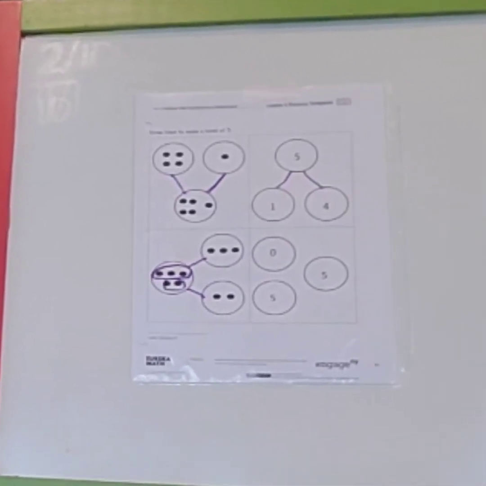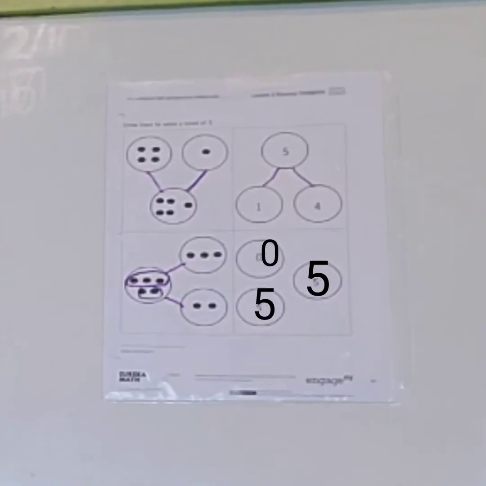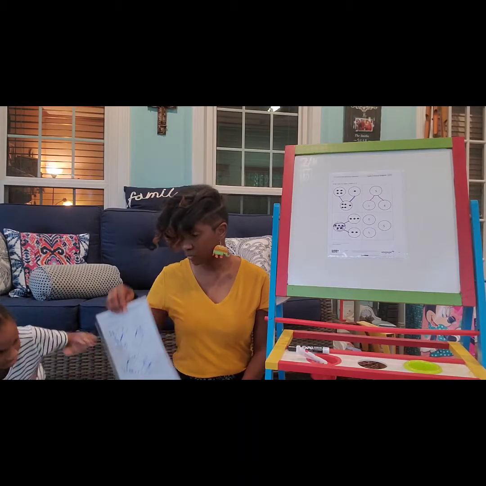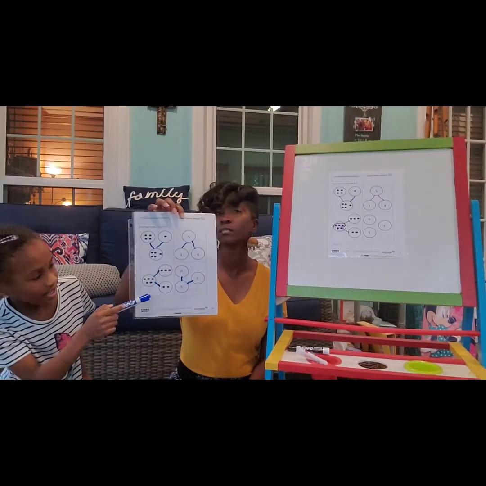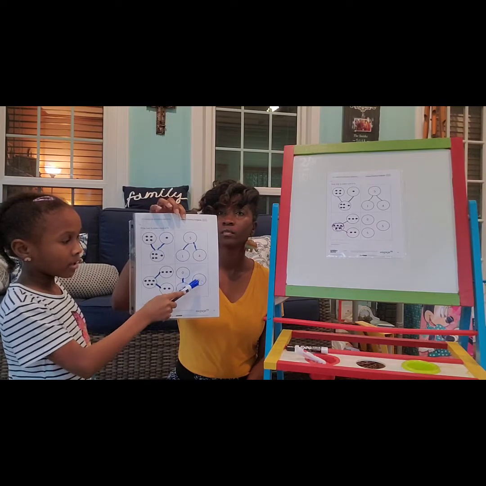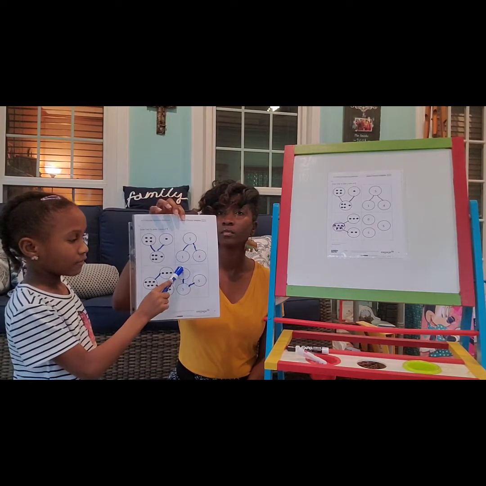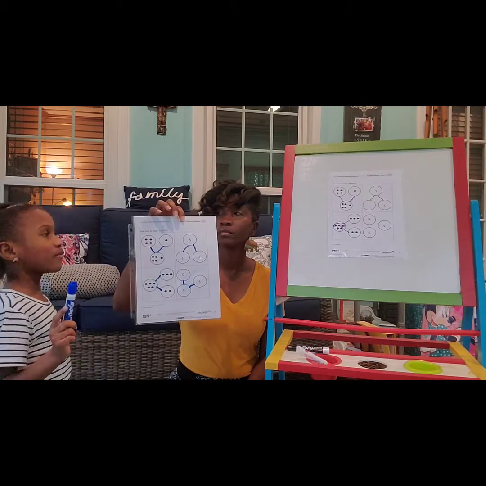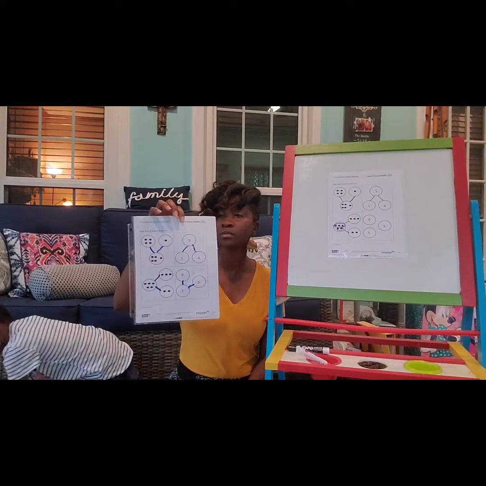So show them what you did. So this is what I did. I did it a little bit sideways. So I did 0 to 5 and 5 to 5. Which one is your whole? Point to it.